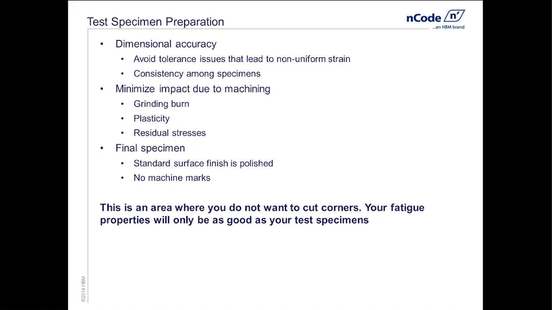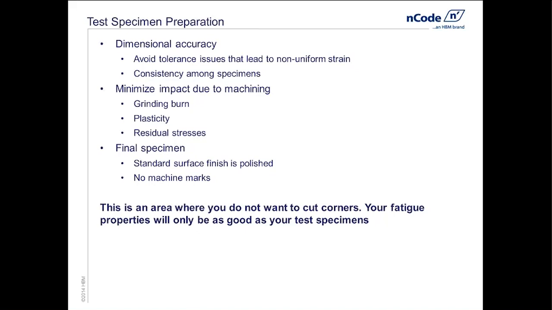So we want to get those specimens manufactured, but how we manufacture them is also crucial. We want to create those specimens so we don't introduce any sort of plasticity or residual stresses in the specimen from the manufacturing process. So we're looking to be very careful with the machining of that.